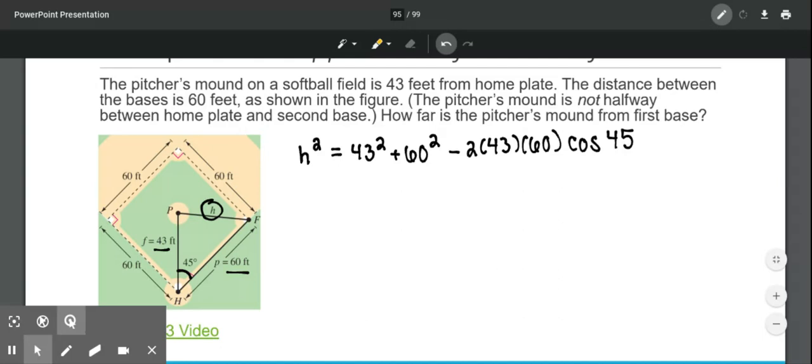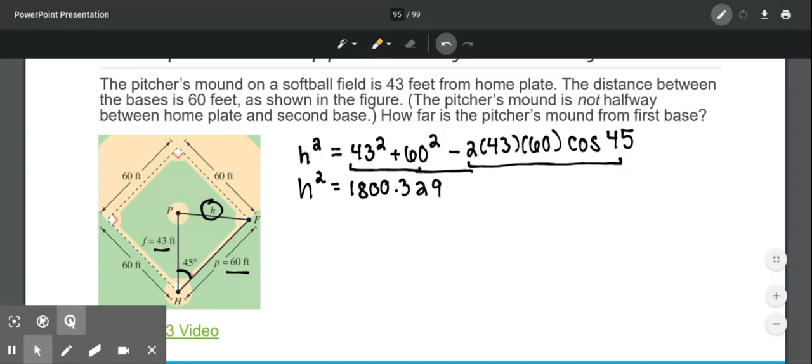Okay, so we're going to start and combine some terms. We're going to add these together, and then combine that. Or what you can do is in your calculator, you can just type this whole thing in one long equation. If you type all of that in, you get 1800.329.